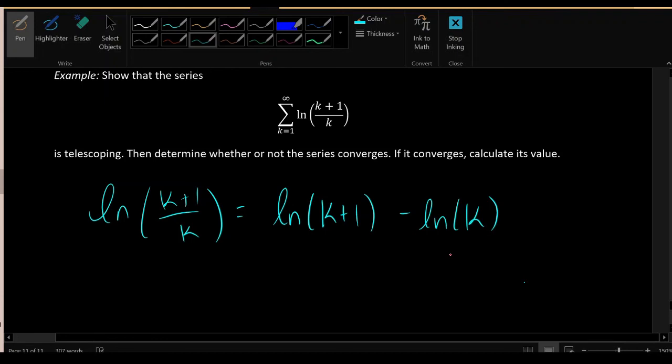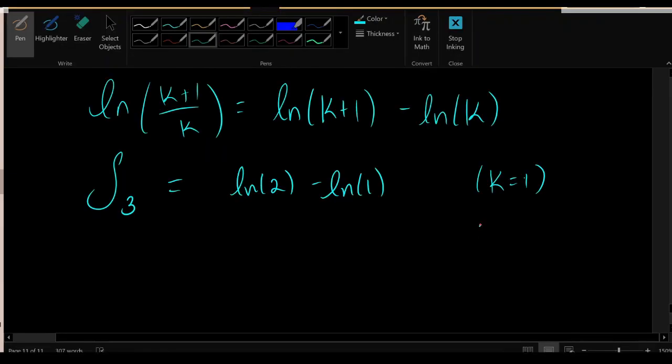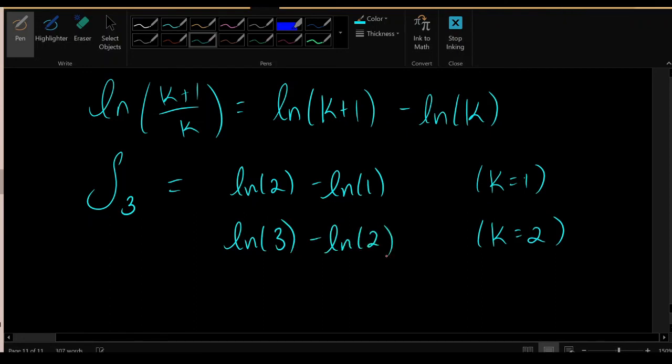So what would happen if, for example, I calculated the partial sum up to n equals 3? When k is equal to 1, the first term in the sequence, I get natural log of 2 minus natural log of 1. When k is equal to 2, incrementing 1 up, I get natural log of 3 minus natural log of 2.